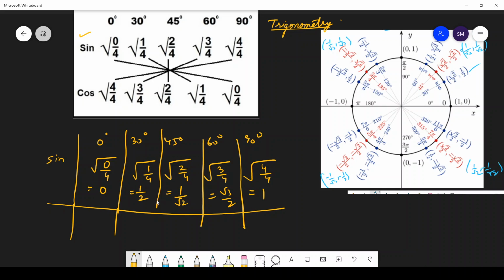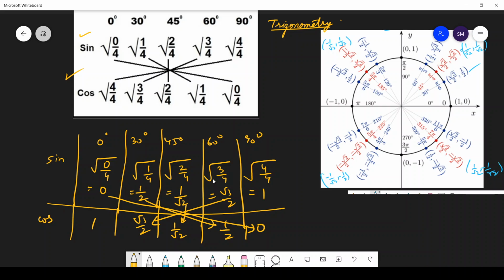Now what about cos values? Simply bring it here. So start with 1 and then root 3 by 2, then 1 by root 2, and 1 by 2, and then 0.